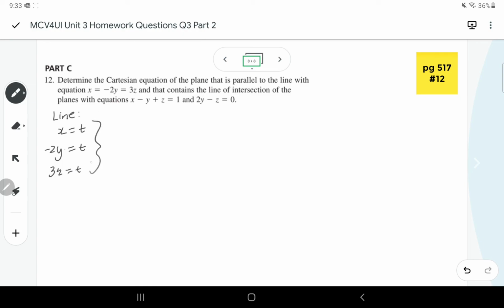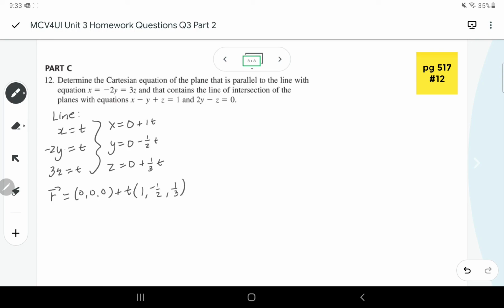So I could rewrite that as x equals 0 plus 1t, y equals 0 minus 1/2 t, and z equals 0 plus 1/3 t. So we could write this line as 0, 0, 0, it goes through the origin, plus t times 1, -1/2, and 1/3.